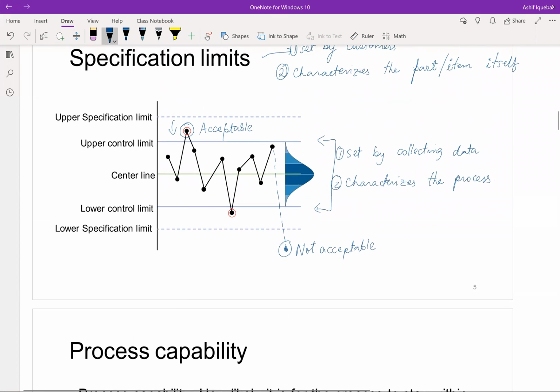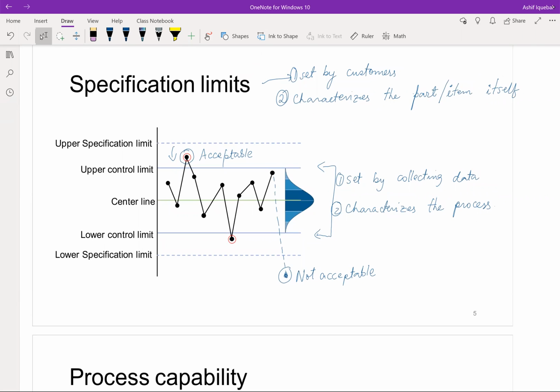All right, so once the company or the customer has set the specification limits, now the manufacturer wants to know if the process that the manufacturer is using is capable of satisfying the specification limits or not.